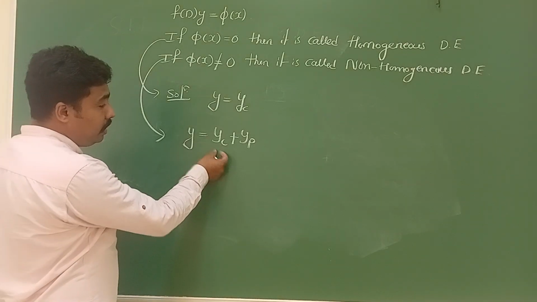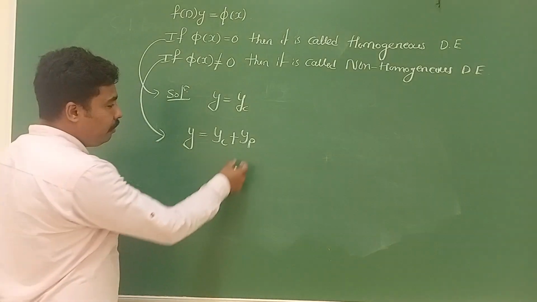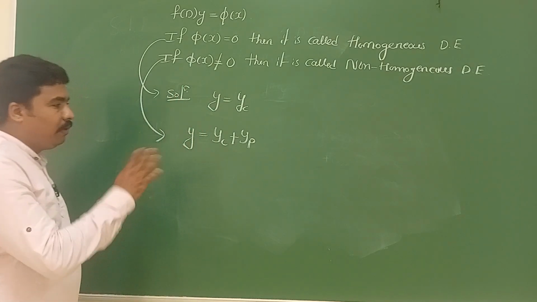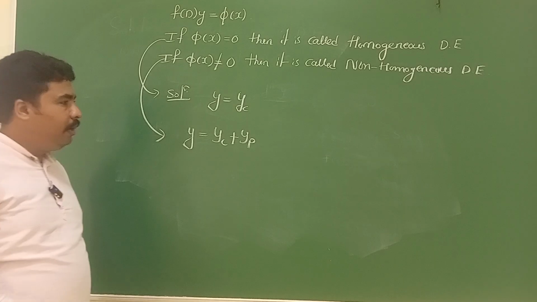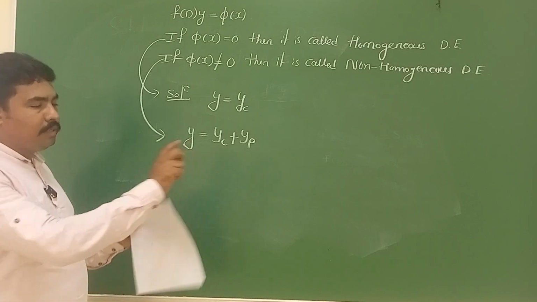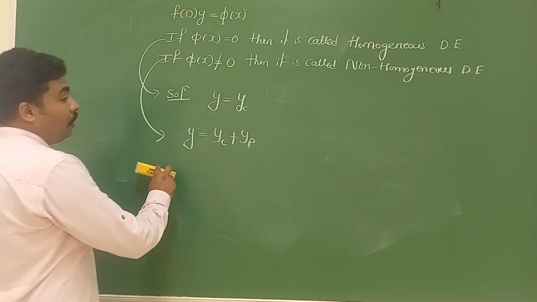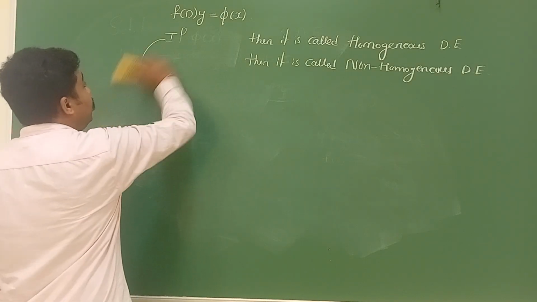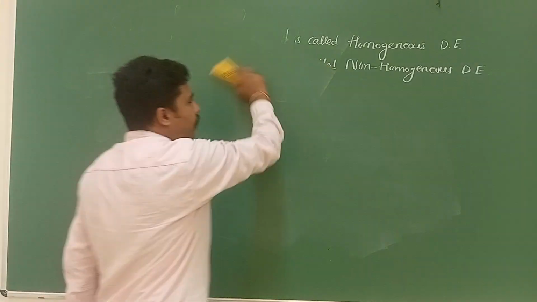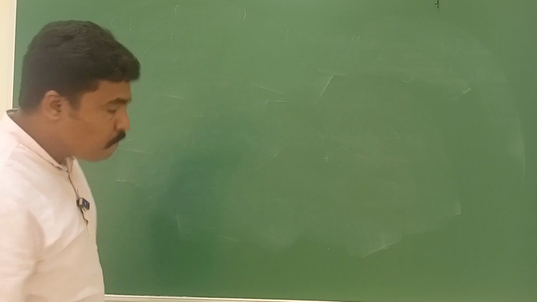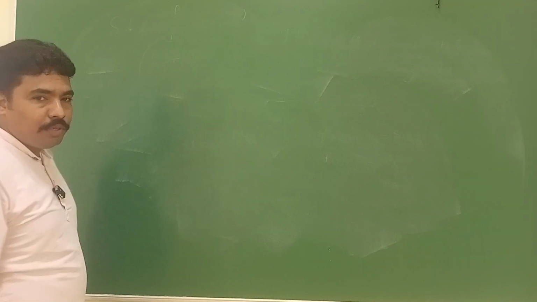Here yc is the complementary function, and yp is the particular integral. There are ways to find the complementary function and particular integral, and we'll go one by one. Since it's the introduction class, I'm just briefly explaining this. Now, how to find the complementary function for a homogeneous differential equation?